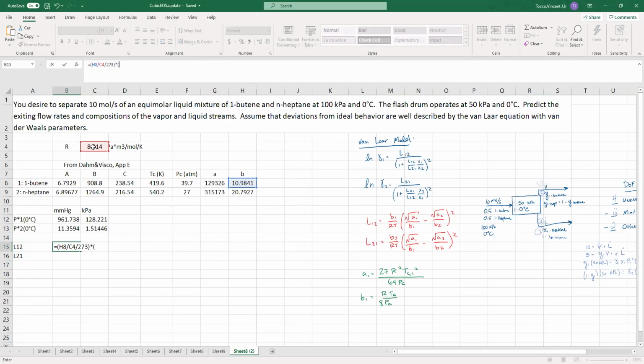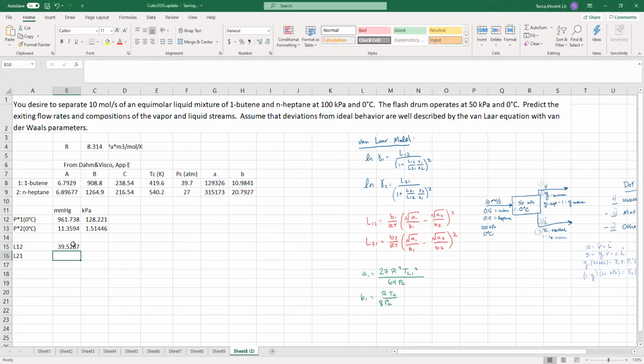So multiply that by the square root of A1 divided by B1 minus the square root of A2 divided by B2. Close that, close the big parentheses, and square it.